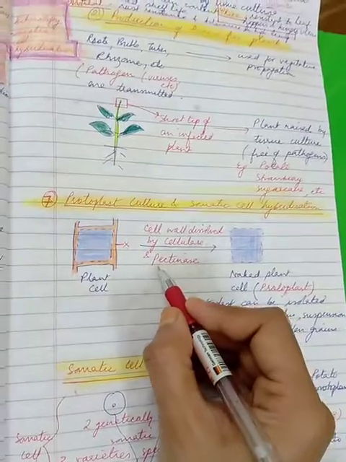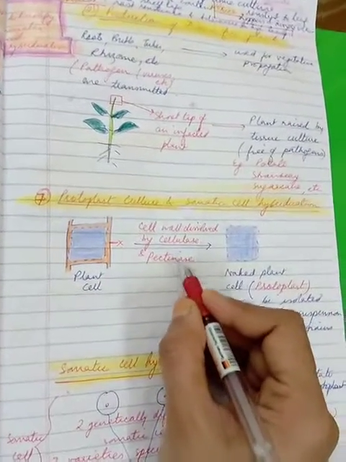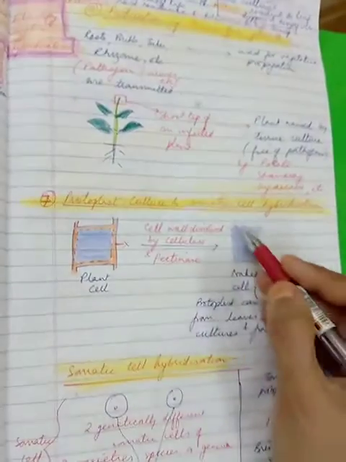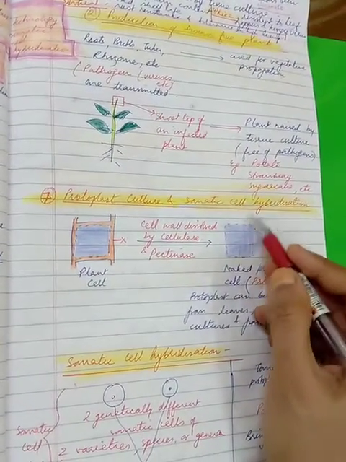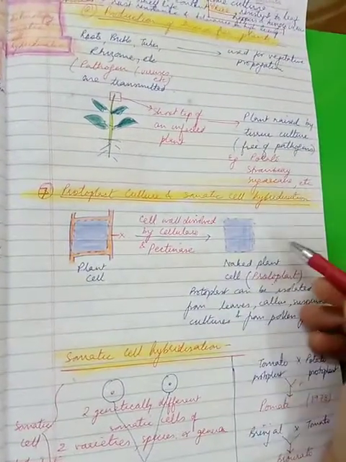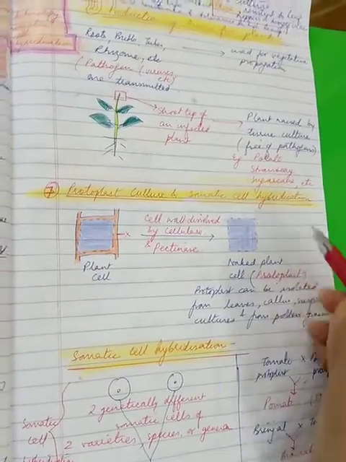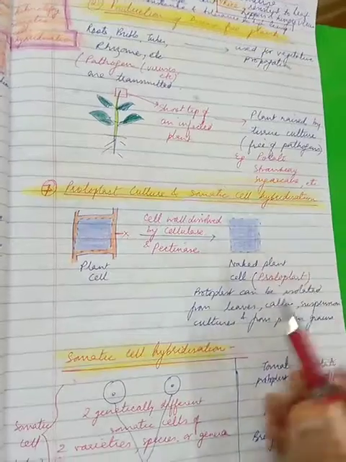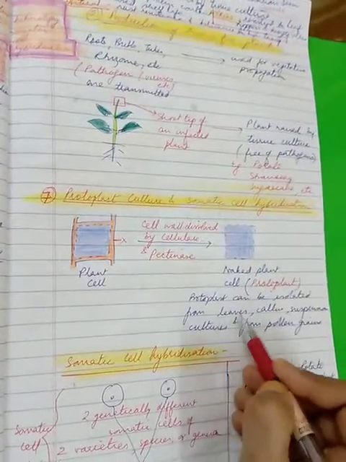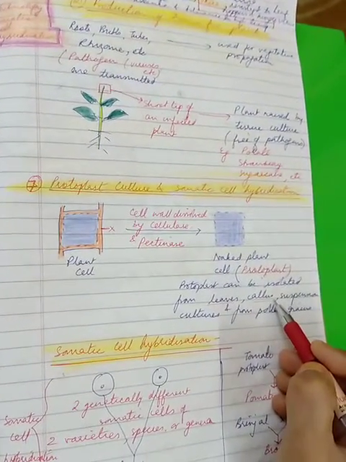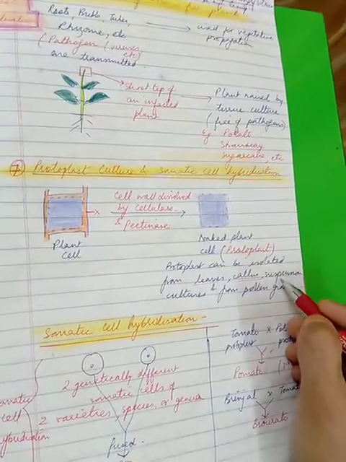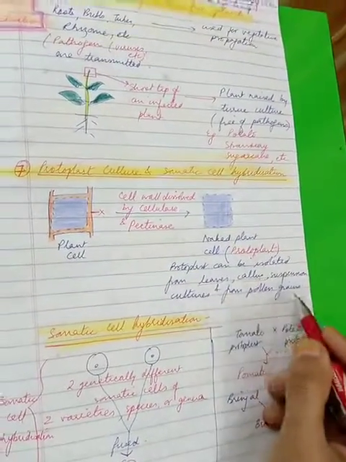And another one which is called pectinases, and this removes the pectin that could be present. So that naked substance that is left over without the cell wall will be called protoplast. Now, how can it be isolated? From which plant part? It can be isolated from the leaves, callus, you know, children, the unorganized cell mass of tissue culture, suspension cultures, and from pollen grains.